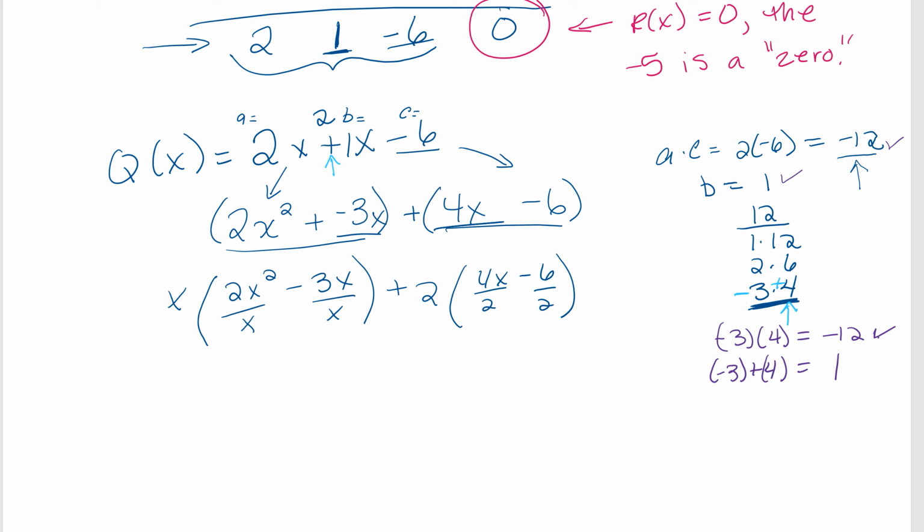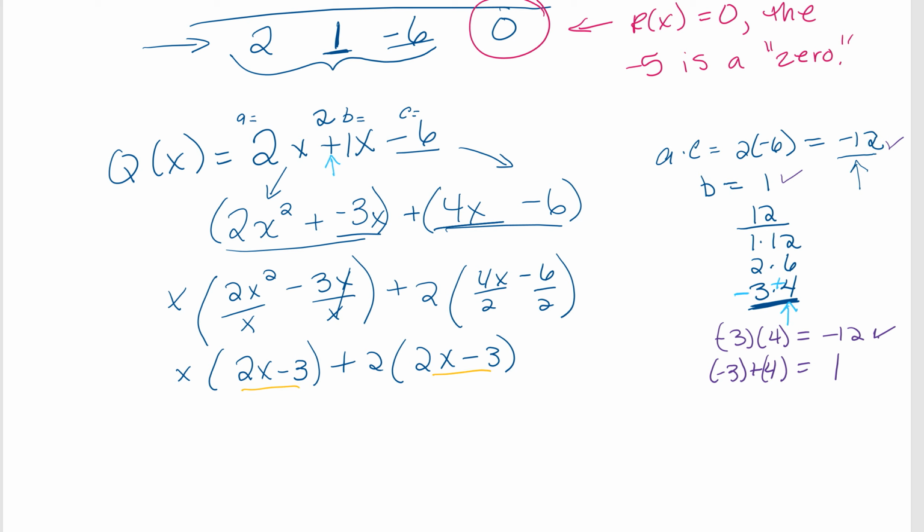This is going to give me x times 2, and x squared over x is just x, minus 3, and these x's cancel. The next one is going to give me plus 2, 4 over 2 is 2, bring down the x, and then minus 6 divided by 2 is 3. So I know I'm on the right track because my parentheses match.